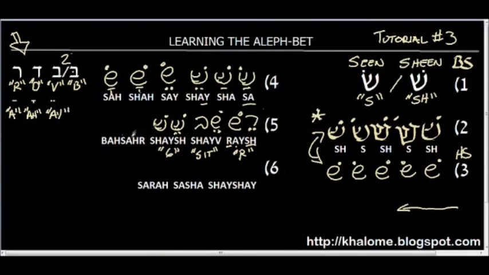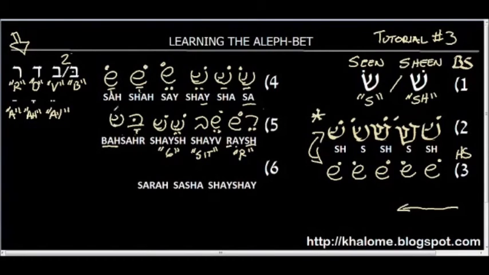Basar is, if we stick to the block script, we got a bet, we need that dagesh in the middle. We'll use the chamatz, so that gives the first syllable ba, and then sar will be 2 more consonants.